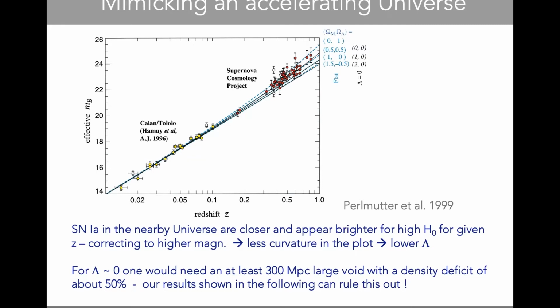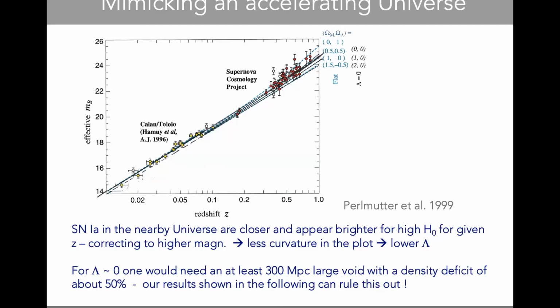They see a sort of a curved structure that gives you a universe with lambda. You can also try to fit another curve through the data, which would be consistent with an Einstein-de Sitter universe, so with a lambda of 0, and if we fit it over here in the nearby universe, it would be a little bit lower than the data points.